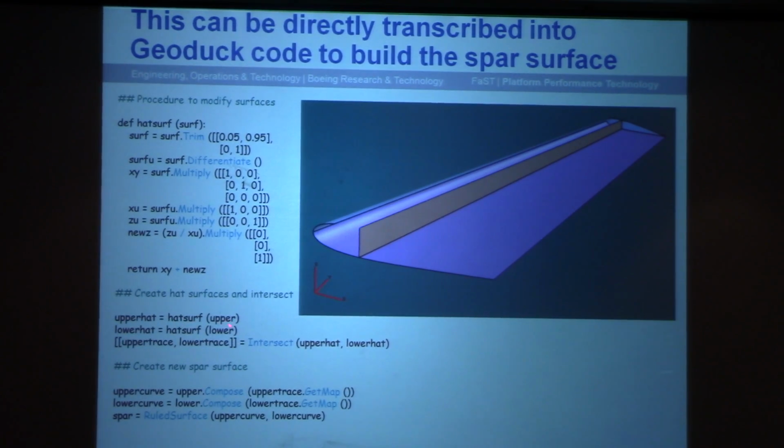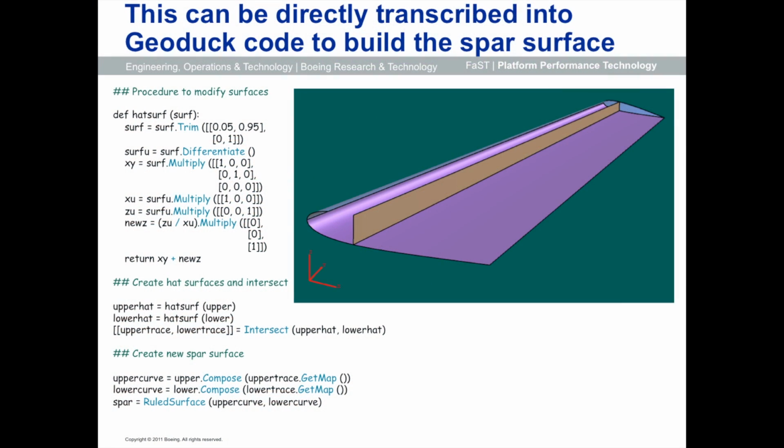I call that procedure on the upper surface of the wing and the lower surface of the wing, and then I intersect these two hat surfaces. Heaven help the guy who tries to think of these hat surfaces as surfaces in the sense of airplane geometry. I mean, they're purely mathematical objects. But once I intersect those things, then grab the curves and construct the ruled surface between the corresponding curves, I now get a spar located inside this wing that is as deep or tall as it can possibly be.